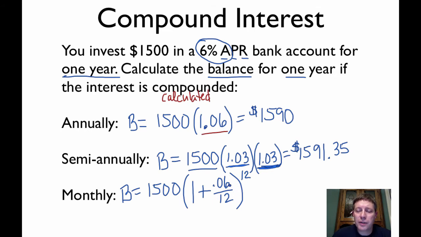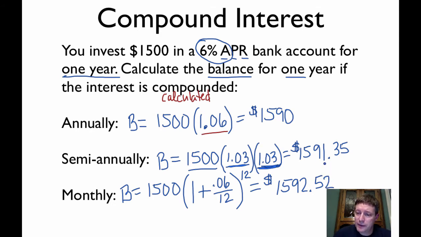You're going to be doing a fraction of the original interest every month for 12 months. And if you calculate that and compute it, it turns out that the grand total is, again, just a little bit higher, $1,592.52. So once again, we've gained just a little bit more money. Not much, but just a little bit.